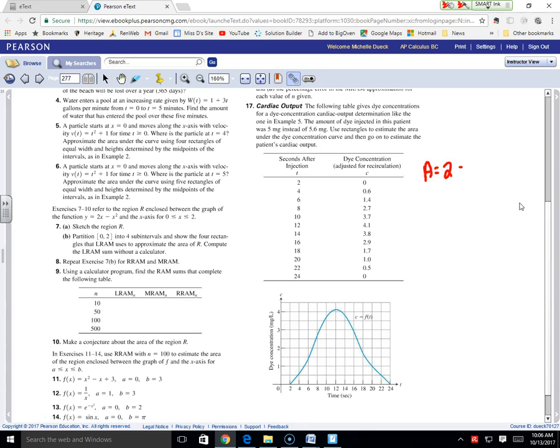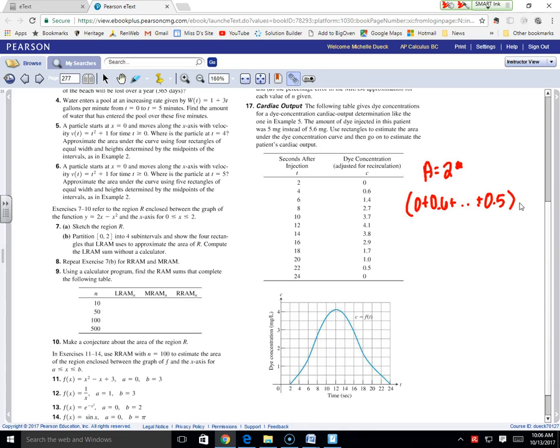What some guys that were in here yesterday noticed is if you did do left, you would choose 0 and then 0.6, then all the ones down to 0.5, which is going to be the same thing as the right because it's going to be 0 and all the ones down to 0.6. So technically that's why they didn't make a big deal about it. Don't do the midpoint because you don't know the height at the midpoint, so that's impossible. So you would just do 2 as your base, then multiply all of the 0 plus 0.6 plus all the way down to 0.5.